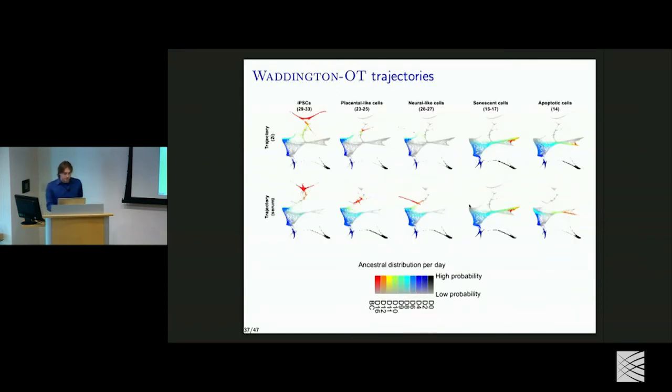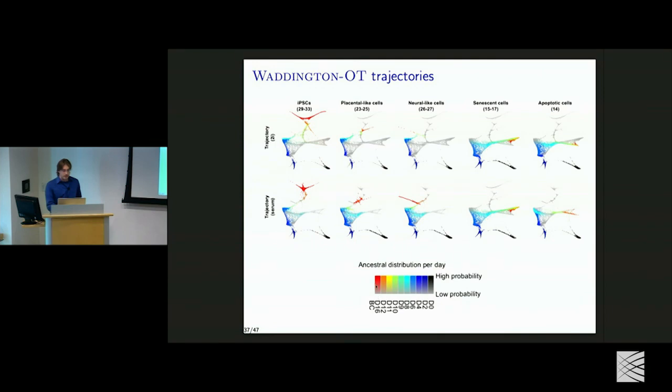Okay? So here are the different trajectories that we see, and if you piece these all together, you get the overall picture on the previous slide. But we're decomposing this overall group of cells into trajectories to different tips at the final time point. So for example, the trajectory to induced pluripotent stem cells, which is this group of red cells here.